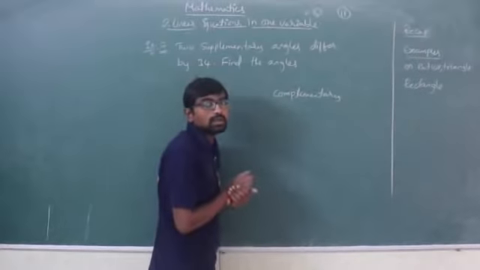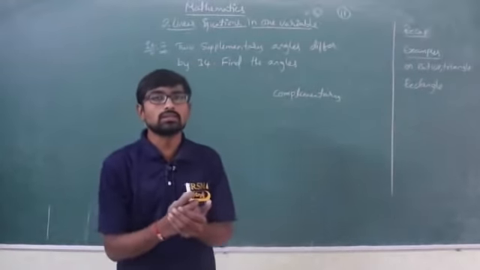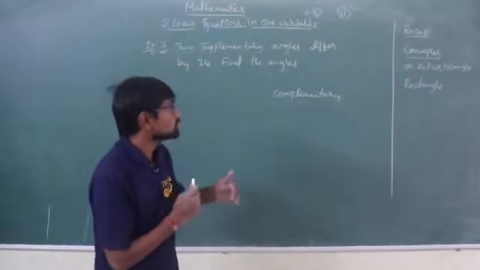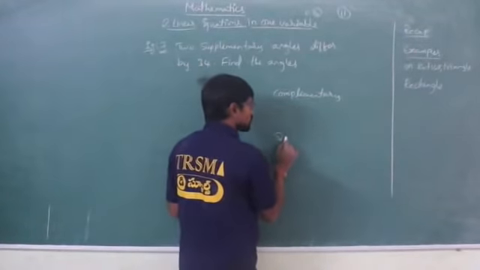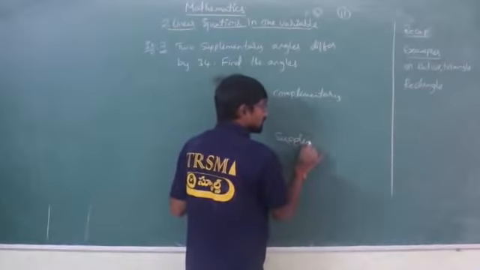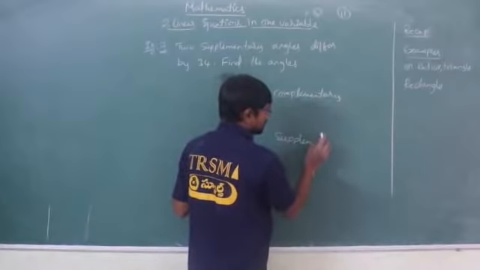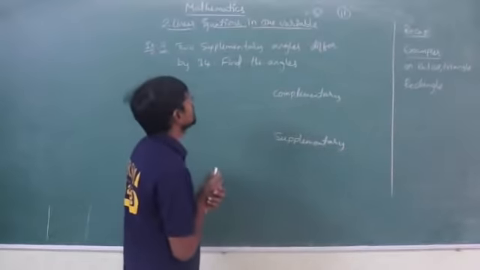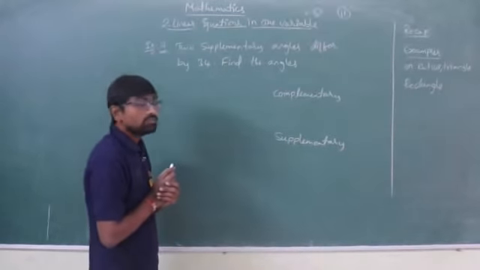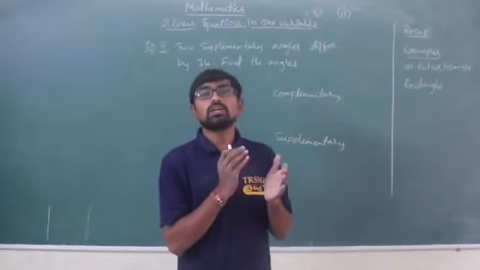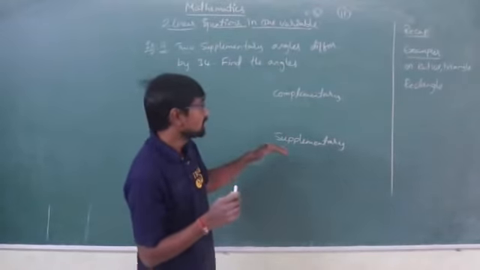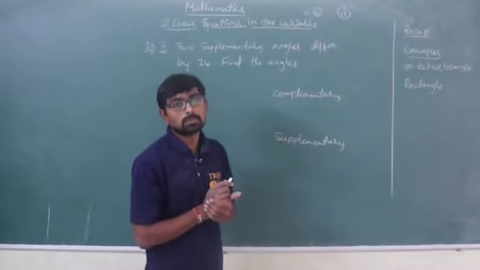What is a complementary angle? Whenever we add two angles and the sum is 90 degrees, then they are called complementary. And what about supplementary? Whenever we add two angles and the sum is 180 degrees, we call such angles supplementary angles.